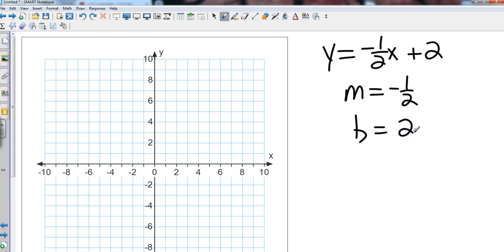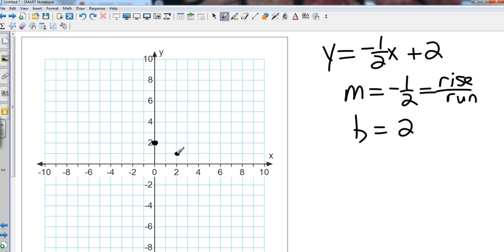So I'm going to go on my y-axis, and I'm going to take my y-intercept of 2. And that slope, don't forget, tells me rise over run. So how do I rise negative 1? That means I actually fall. So I go down 1 and to the right 2.